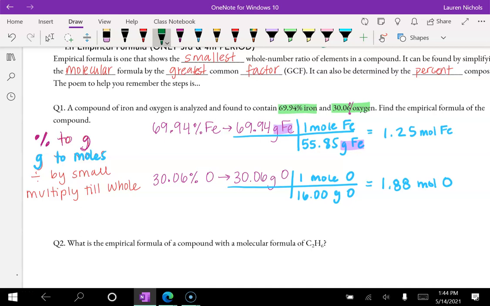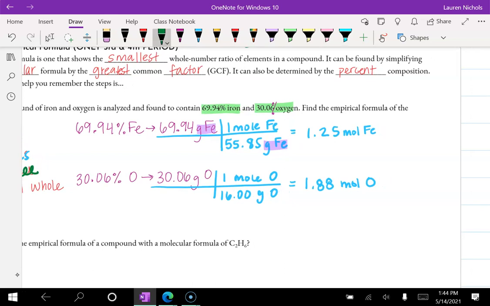Step number 3, I'm going to have that be green. That's where we divide by small. This step is often forgotten by students. So if you make a mistake, this is sometimes where it happens. You literally choose between our moles, 1.25, 1.88. Which one is the smallest number? Well, 1.25 is the smallest.